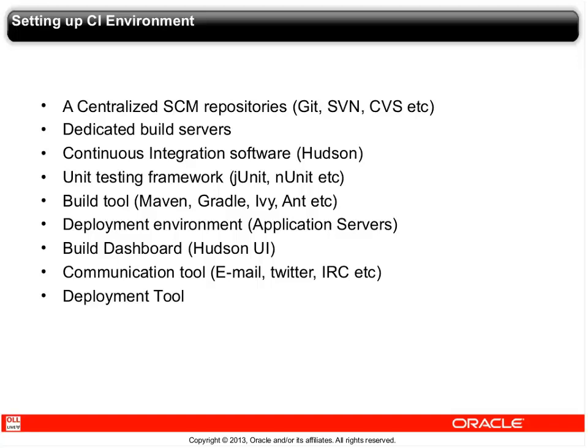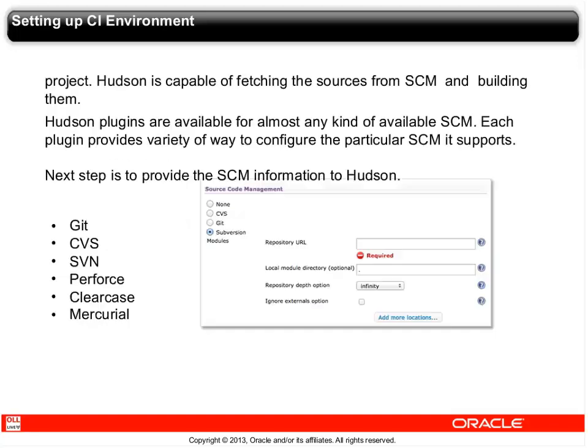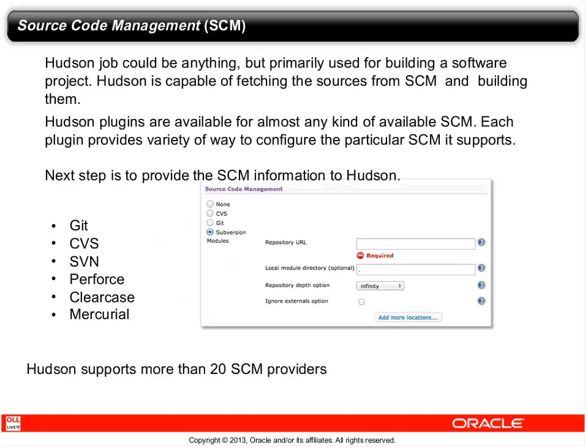And as I mentioned earlier, every time you build, the product must be tested. So you need a testing framework, and then your build tools, and you build. Then Hudson acts as a dashboard to provide the information about your build, and all this information is very much part of a continuous integration system.